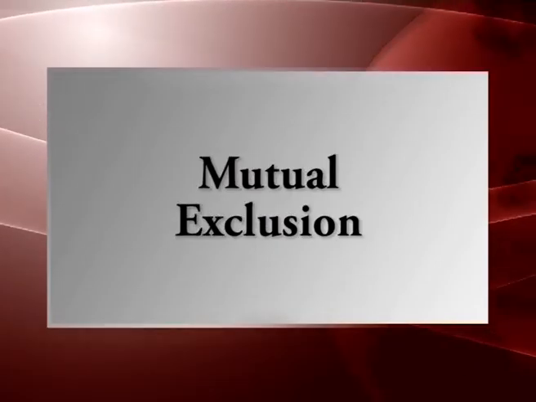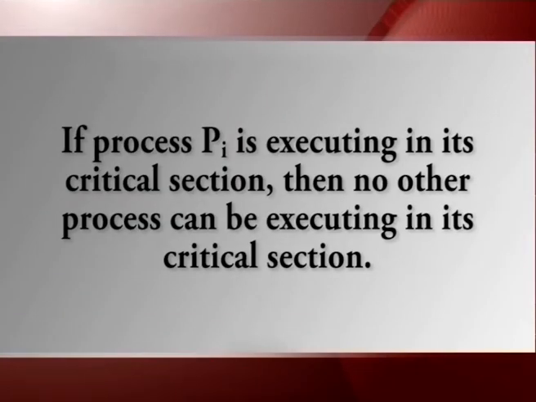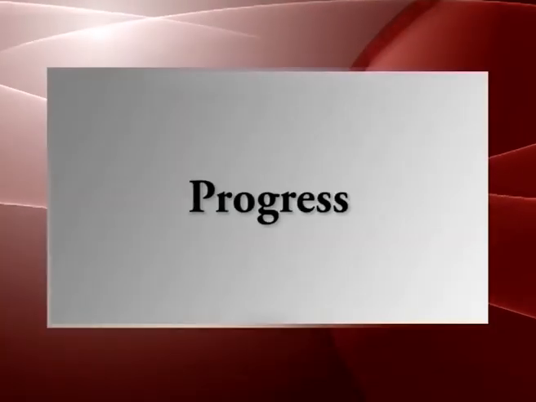There are a few algorithms to solve the critical section problem. A solution to the critical section problem must satisfy the following three requirements. First is mutual exclusion. If process Pi is executing in its critical section, then no other process can be executing in its critical section. Second is progress.